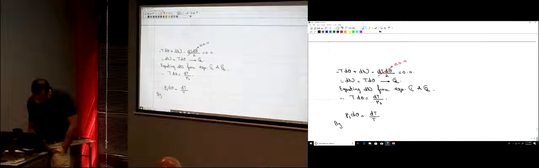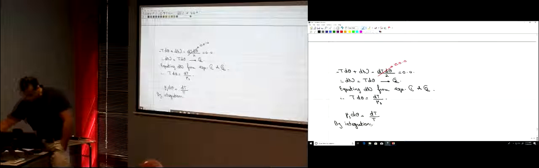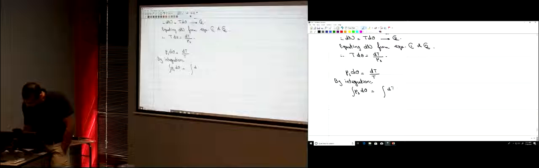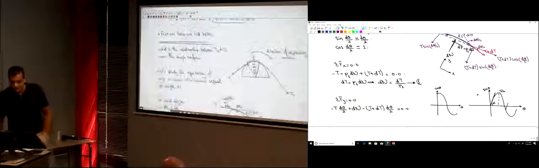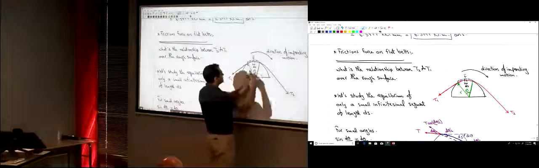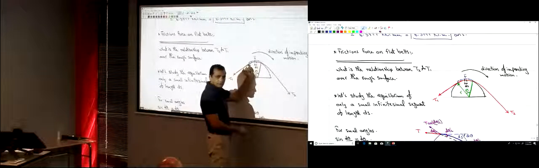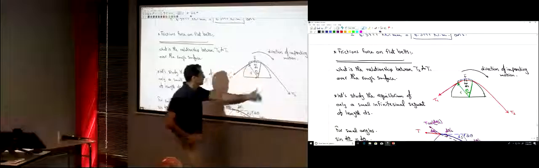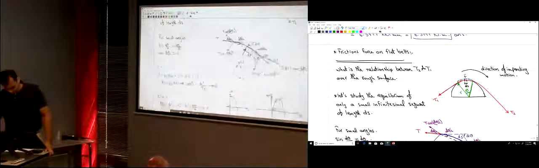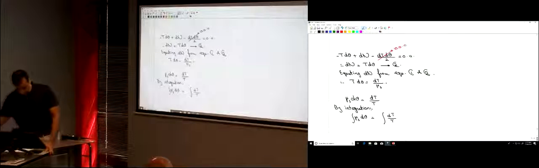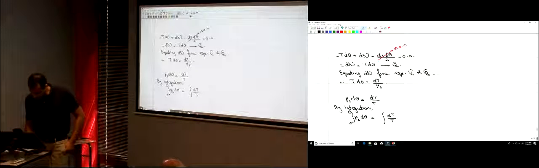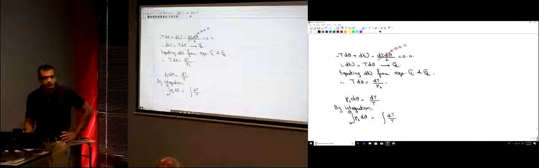Then by integration, I'm just going to integrate the angle theta from 0 to this angle theta, and T is going to change from what to what?